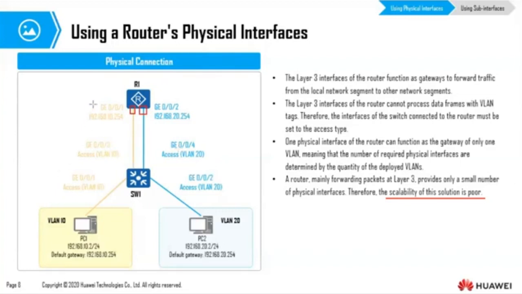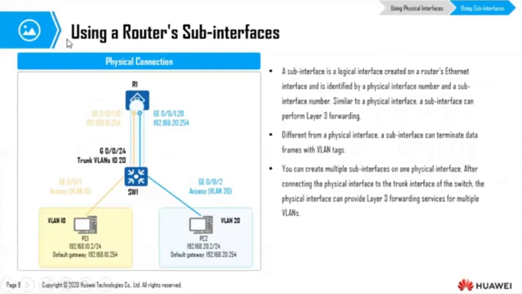VLAN 10 is using GE0/0/1. VLAN 20 is using GE0/0/2. So scalability is poor because this router only has 6 physical interfaces. So it means we cannot have more than 6 VLANs, which might not be able to support the requirements of today's networks.